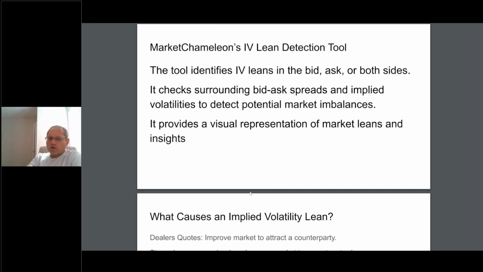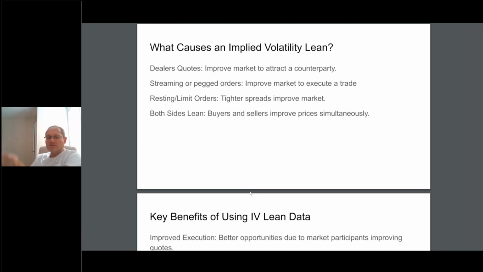So what causes the implied volatility lien? What are the factors that contribute to it? Well, one is, if we look at markets, bids and offers, we know that every exchange has dealers that have to provide bids and offers and quotes. It could be a specialist, a lead market maker, or other market makers, and they have an obligation to continuously provide quotes, bids and offers.